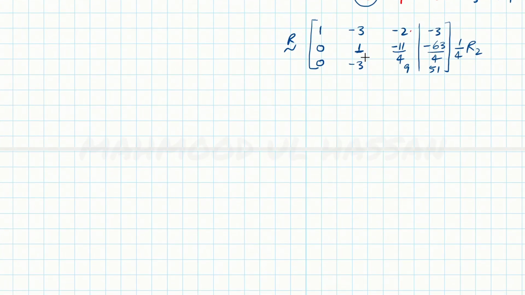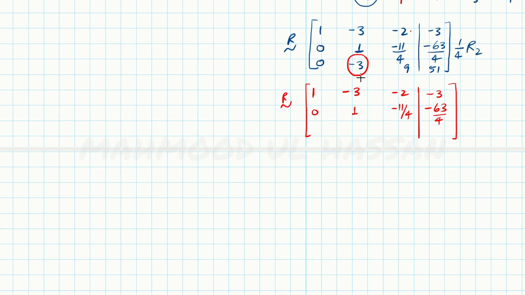Now let's move further on. Now we are going to make this negative 3 into 0. So again, this is row equivalent, the first row is the same, 1, negative 3, negative 2, and then negative 3. The second row is again the same, that is 0, 1, negative 11 upon 4, and then negative 63 upon 4.